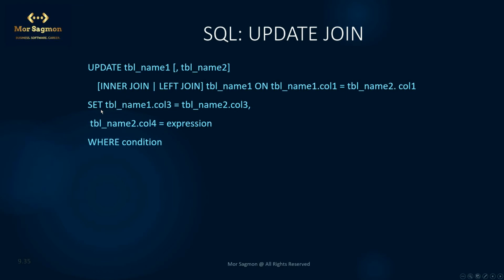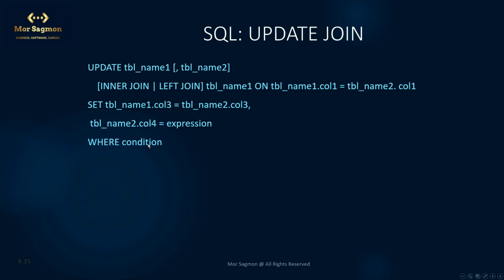And then you start setting new values to columns in either tables that you have selected in the update. Could be one table, two tables, three tables, whatever. And you could also reference values in other columns in these tables. You can use expressions when you calculate the values to be entered into these tables.